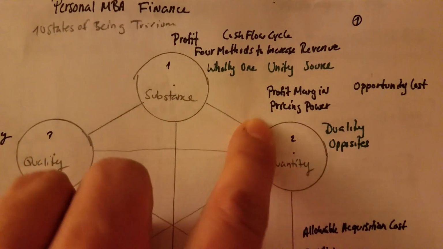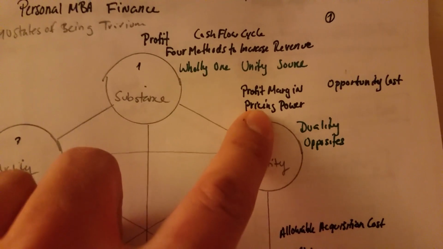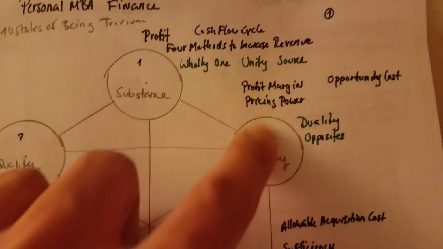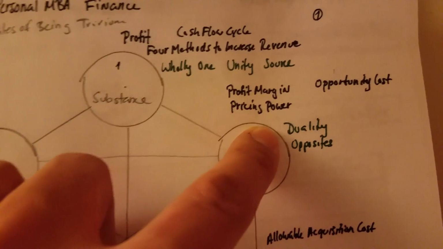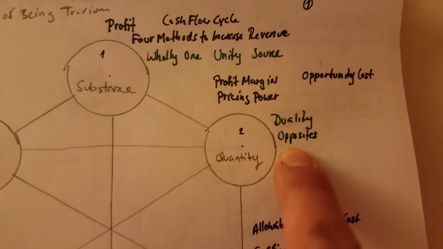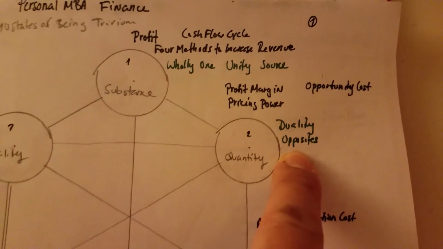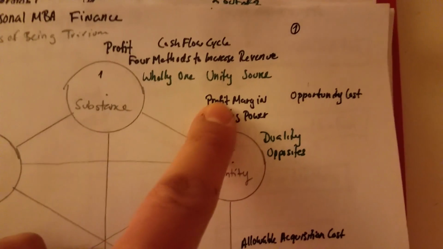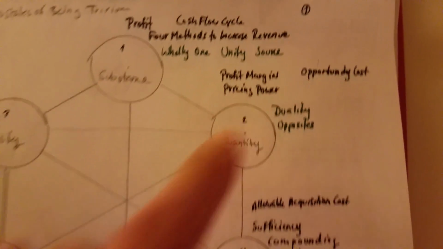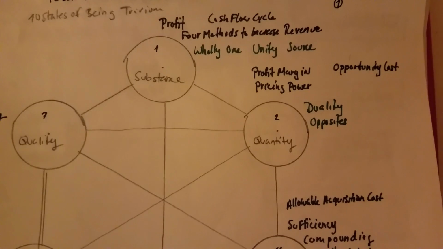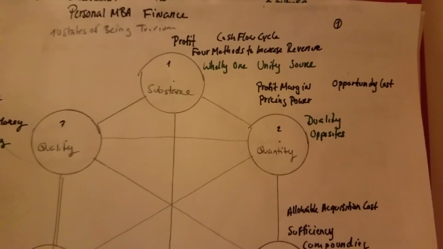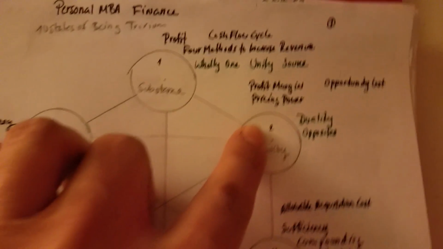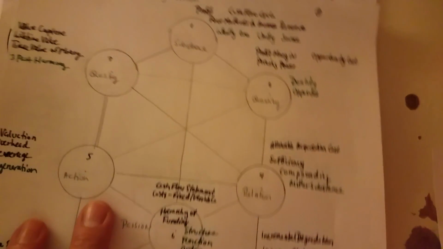So number 2, from there, you have profit margin, pricing power, duality, opposites. That's another correspondence, a principle or an idea that I could link with profit margin and pricing power. Now, you might not link it the same way, and there's really no one set way to do this, but the point is to make it meaningful to you personally.